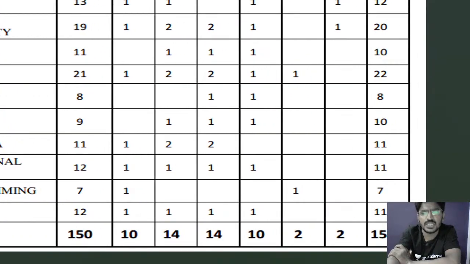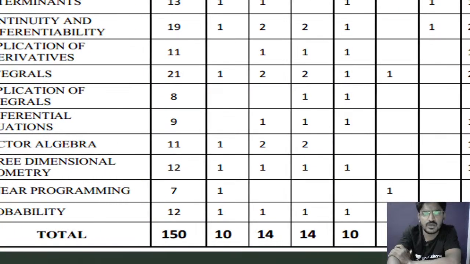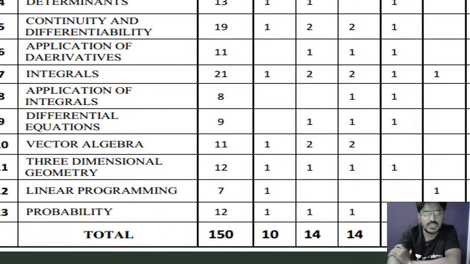Coming to probability, again concentrate on what the retained portion is and what the deleted portion is before starting preparation, because this time I think the 5 mark problem will be changed because of the retained portion. So concentrate on the retained portion, and for the 1 mark problems concentrate on your definitions and small problems of your NCERT.